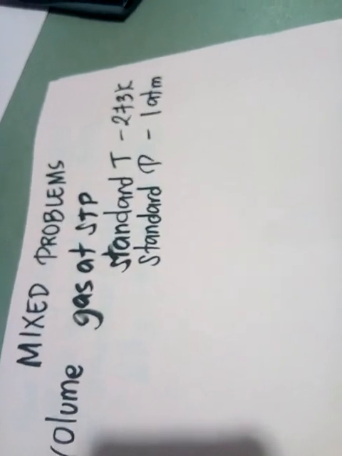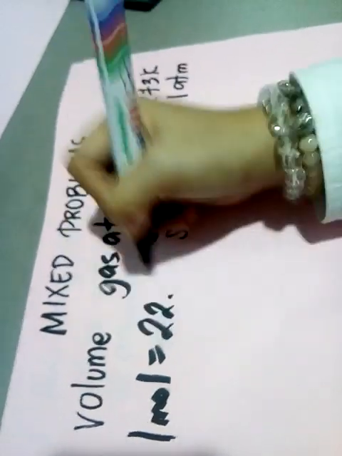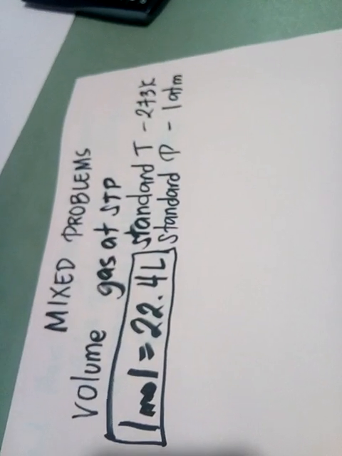This has a value equivalent to 1 mole. For every 1 mole of gas at STP, there are 22.4 liters. Again, in 1 mole of any gas at STP, there are 22.4 liters.